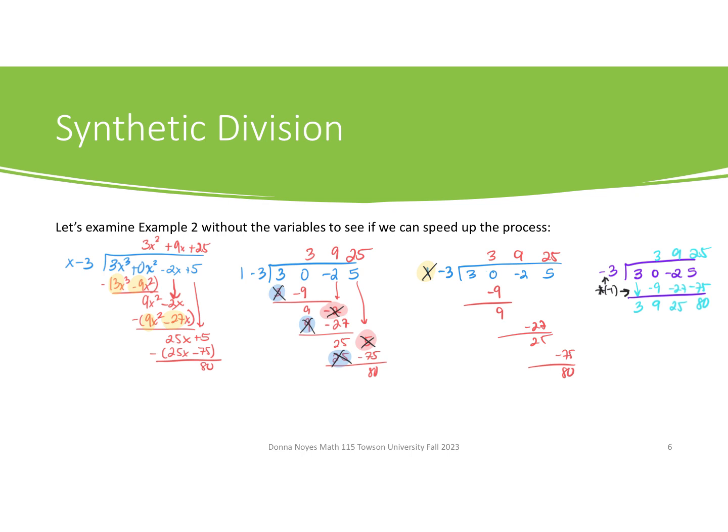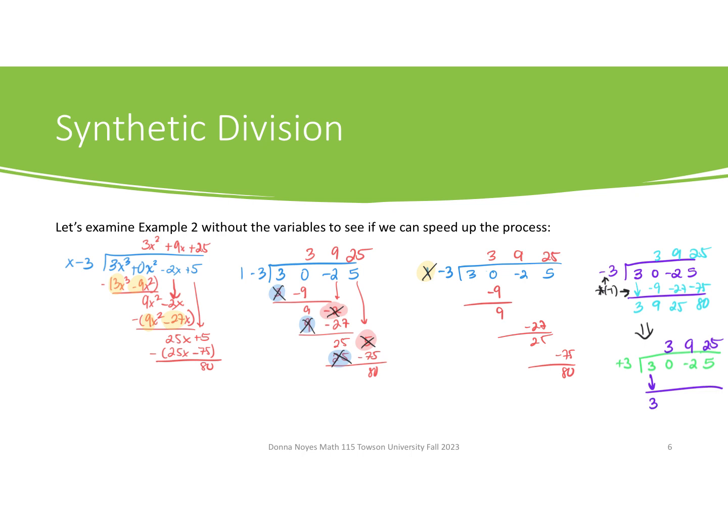So when we do that multiplication, what happens is we reduce this down to, let me find another color here to write with. Now instead of negative 3, we're going to have positive 3 on the outside. Underneath, we still have 3, 0, negative 2, and 5. And you can guess that the top is still going to be 3, 9, and 25. That hasn't changed. But what has happened is underneath, we're still just going to drop down this 3.